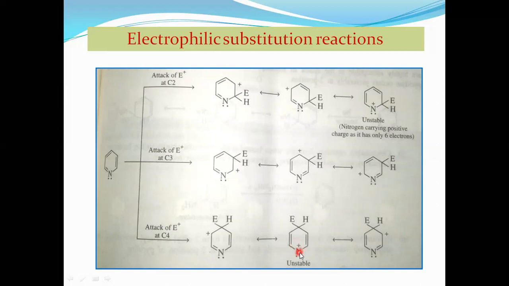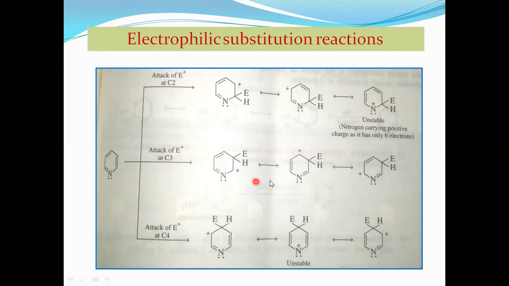Nitrogen is an electronegative atom, and a structure with a positive charge on an electronegative atom is highly energetic and highly unstable. So these two contributing structures are unstable, and the attack at C2 and C4 does not take place. At the same time, consider the attack at C3.